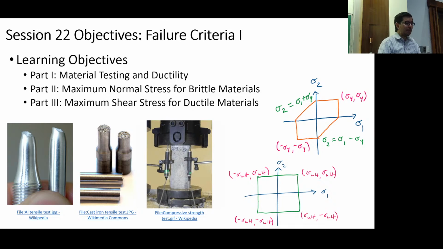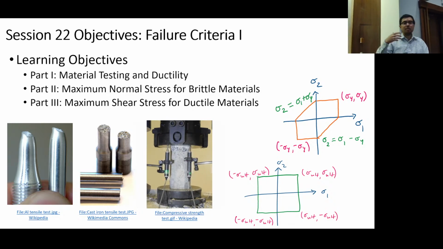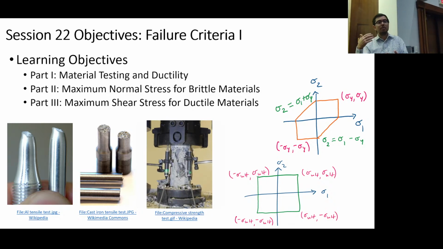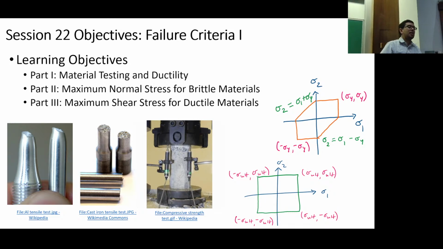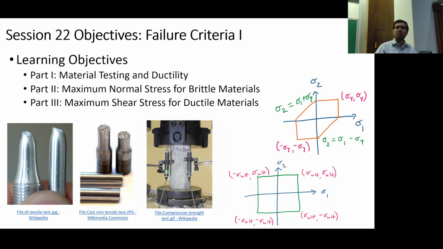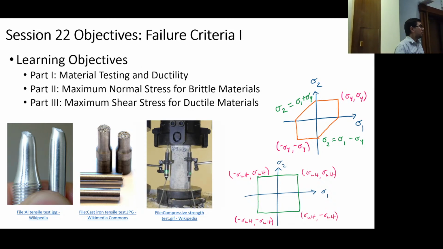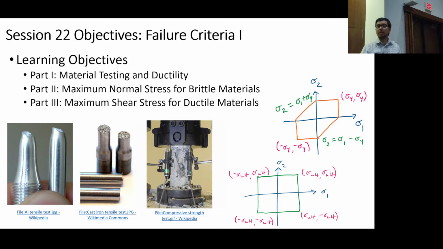And ultimately, as either a design engineer or a consultant or someone who does analysis, it's very important to understand why or how or if or when the materials that you're using in the structures you're designing would fail.